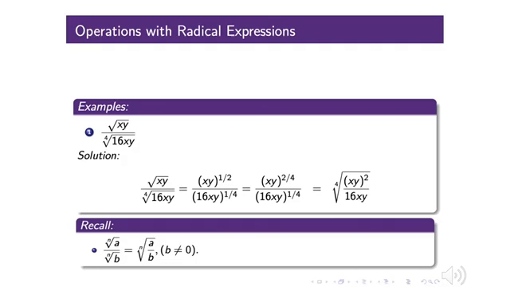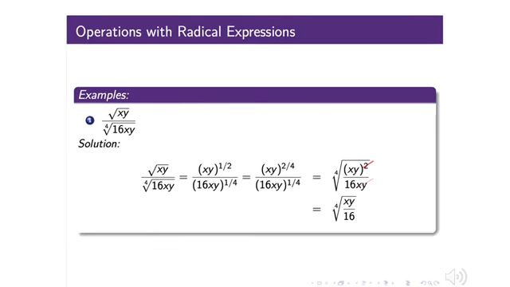Third step, we rewrite the expression in radical notation using the quotient property of radicals. So we have the 4th root of (xy) squared over 16xy. Fourth step, we cancel like terms in the numerator and denominator of the radical expression, obtaining the 4th root of the quantity xy over 16.